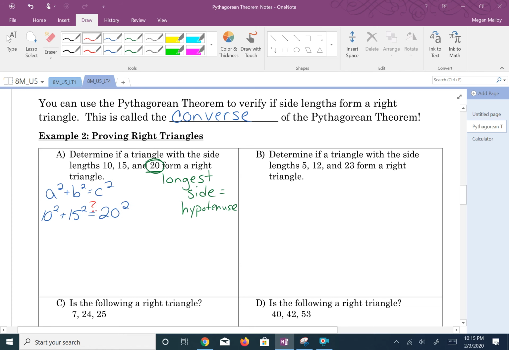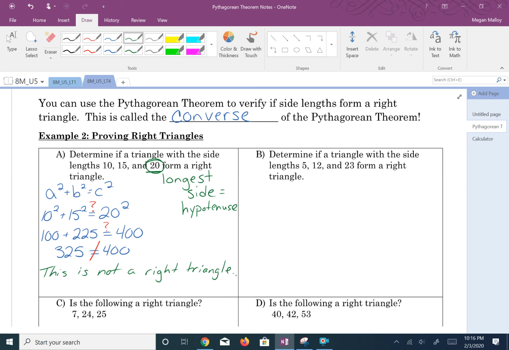Does that equal 400? We can very clearly see that it does not equal, 325 does not equal 400. So we would say this is not a right triangle, because the side lengths do not satisfy the Pythagorean theorem.